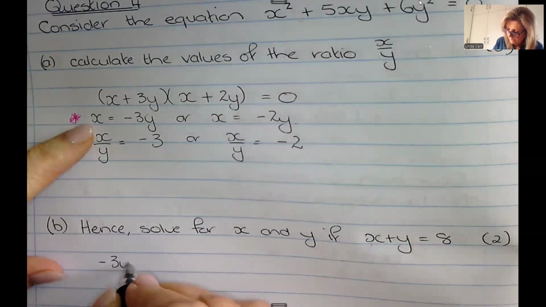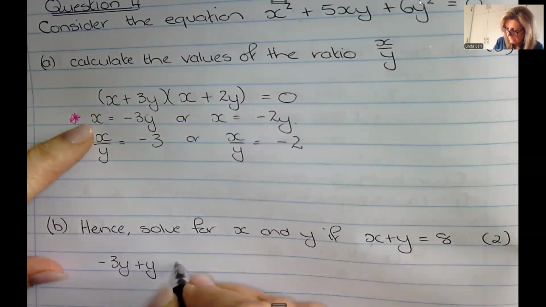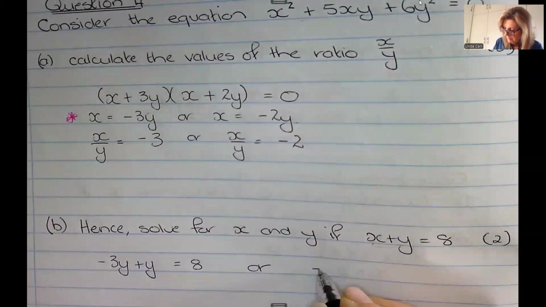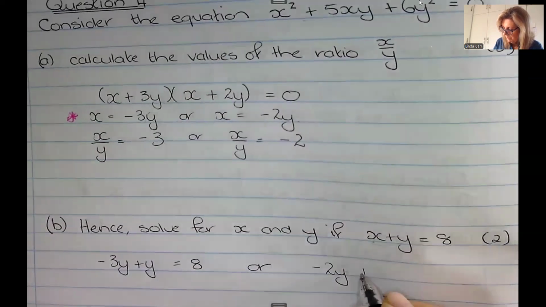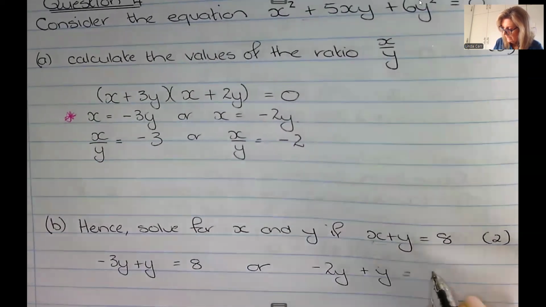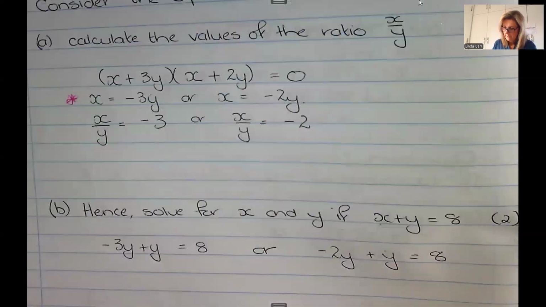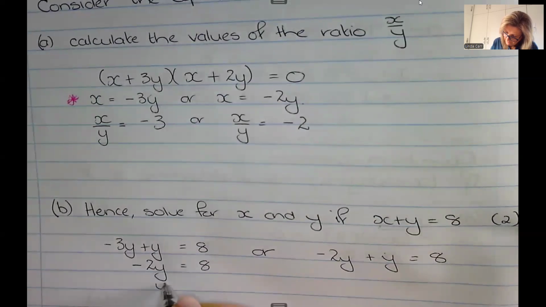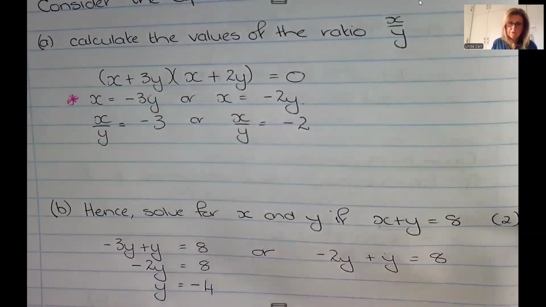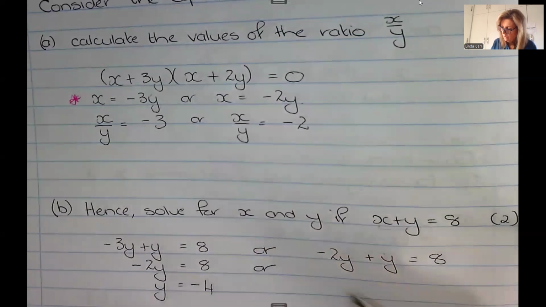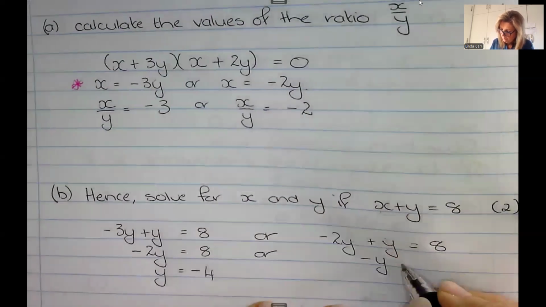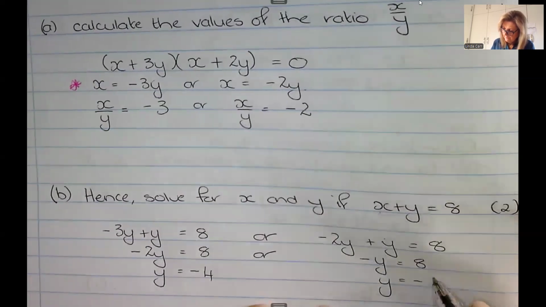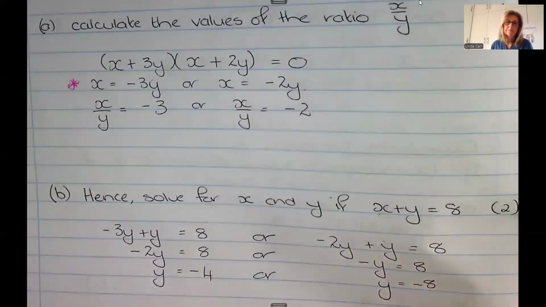So minus 3y plus y is equal to 8, or minus 2y plus y is equal to 8. So that's going to give me minus 2y equals 8. So y is minus 4, or minus y equals 8, which means that y is negative 8.